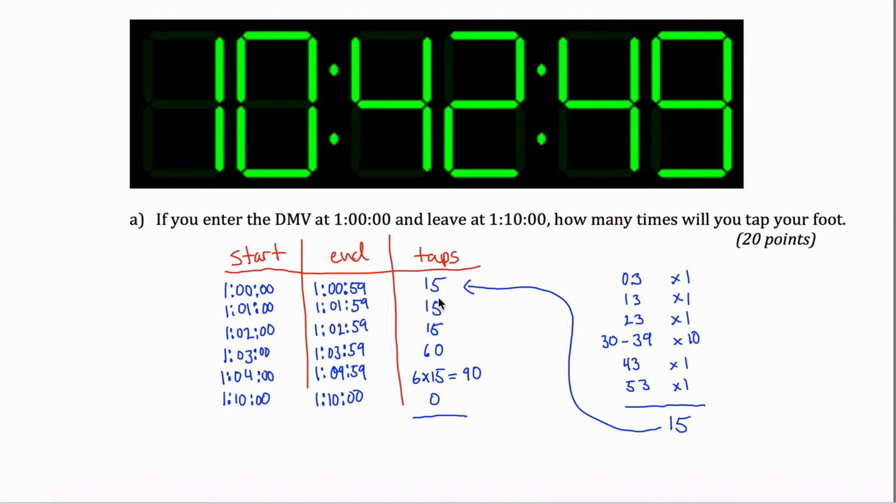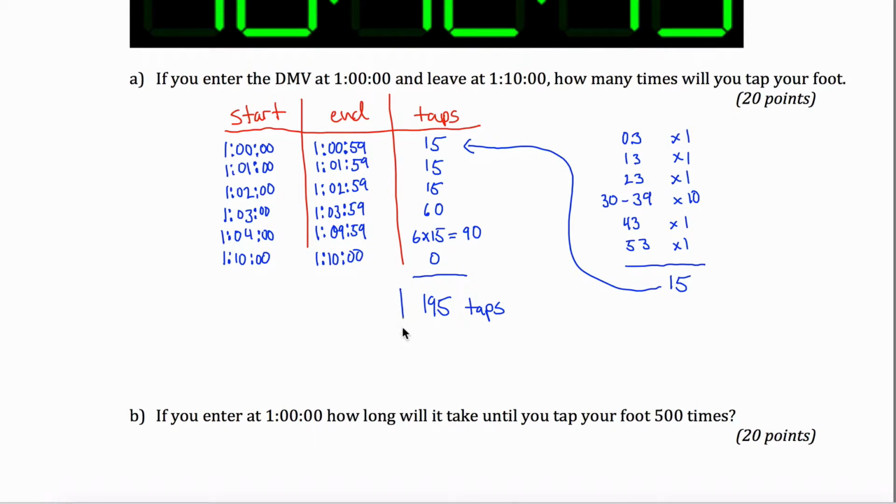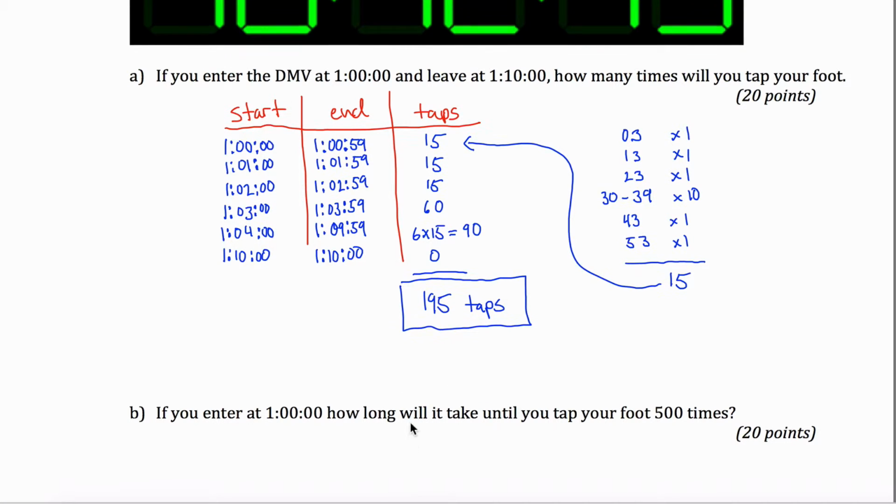And then I got 3 more of these 15s, which gives me 45 more. So I get 195 taps total. That would be my answer to this question. There are other ways I'm sure you could get there, but I will call that good and move on.